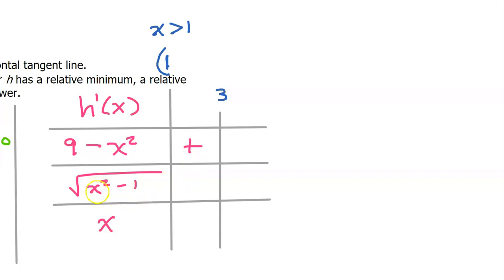Okay, if I put a 2 right here on this factor, that would be 2 squared would be 4, minus 1 would be 3. It's a positive value. And of course, if x itself was 2, that's a positive value. So overall, we got nothing but positive going on here, so this is going to be positive.